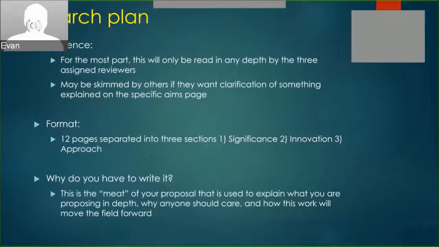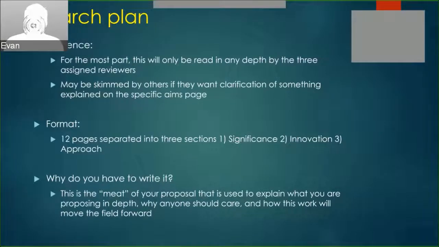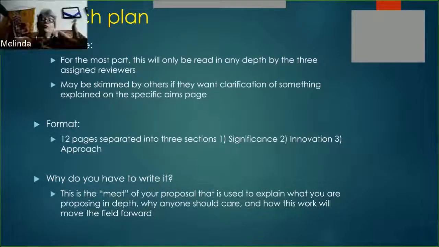The place where that research description is read in detail by reviewers actually probably isn't in the review of this application. Where it is, is if you receive R01 funding and you're going up for competing, let's say you have it reviewed and you go in with a revised application.